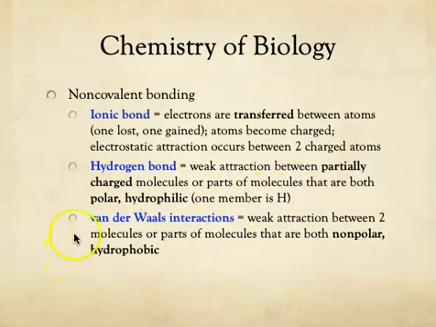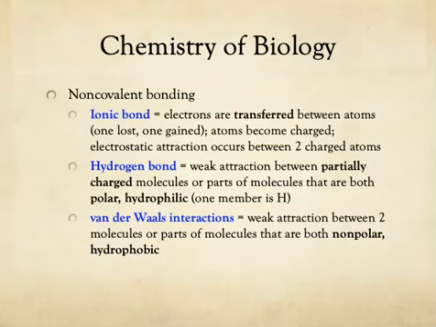Van der Waals interactions are almost the opposite of hydrogen bonds. Van der Waals interactions are, again, weak attractions between two molecules or parts of a molecule that are both nonpolar and hydrophobic. So hydrogen bonds are going to form between polar molecules, and van der Waals interactions are going to form between nonpolar molecules.